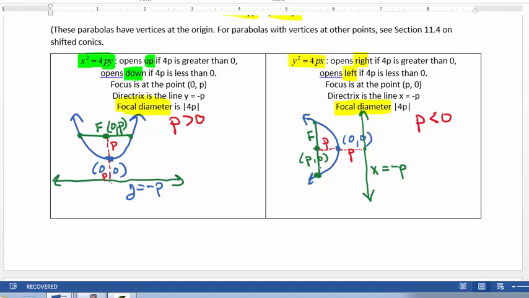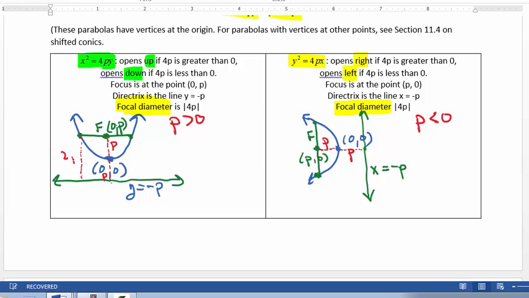And it's pretty easy to see the length of this, because remember how we talked about it has to be equidistant, all the points on here have to be equidistant from the focus and the directrix. To get from this point here, right, down to the directrix, how far is it? It's p units to get to here, and then another p units to get to here.